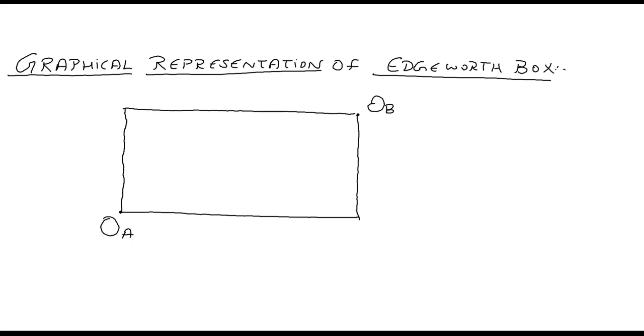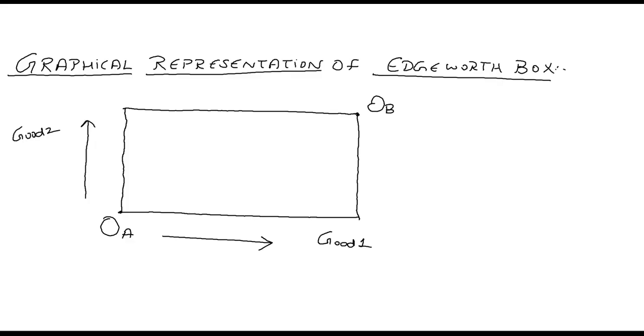Now, when I am plotting from agent A's axis, this is my origin. This is my amount of good 1 available in the economy, measured in this direction. And my amount of good 2 available in the economy from A's origin is measured in this direction. But when I talk about agent B, agent B's origin is this.